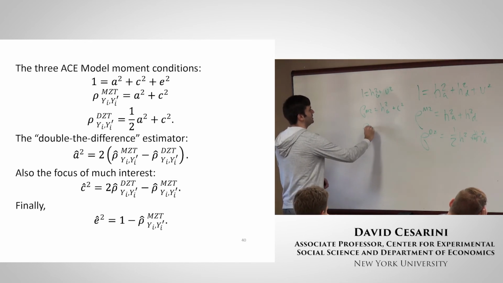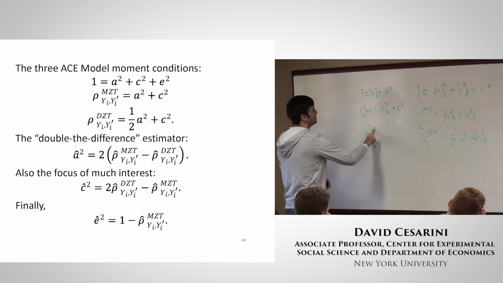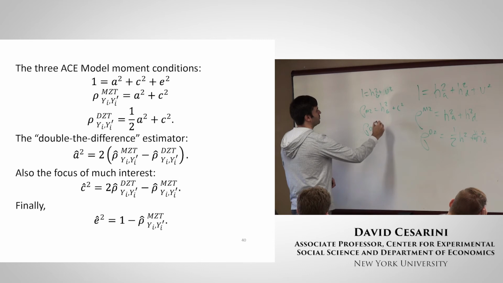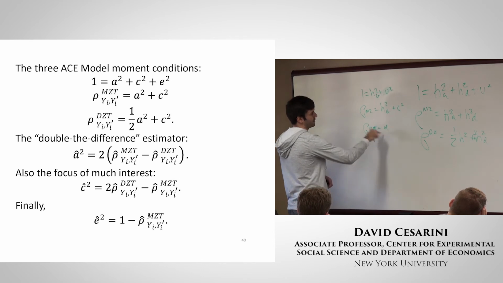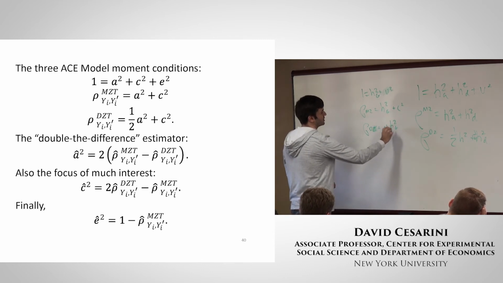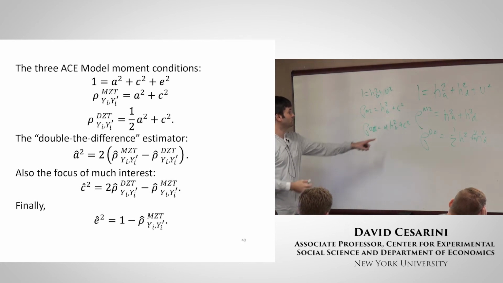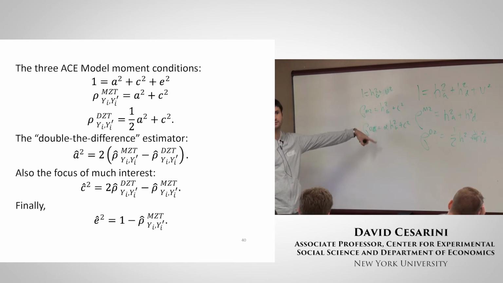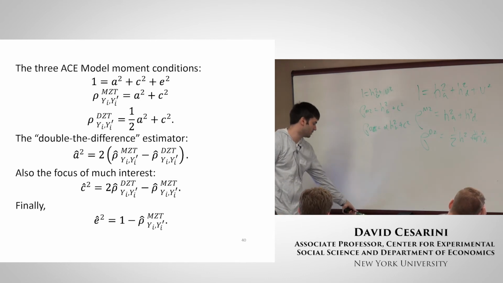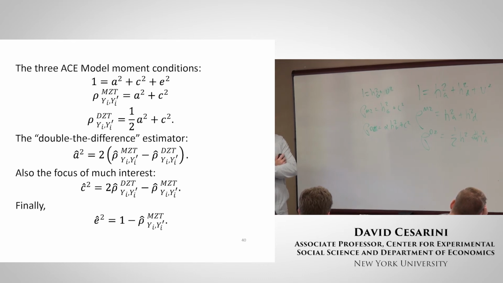And then rho DZ is going to be equal to some parameter alpha, that's the genetic covariance on this factor that we don't know, plus C squared. And then you say, let's fix this at a half and estimate the model. Or we could alternatively just vary alpha at different levels and estimate the model and give the results. And then we get an estimate of broad sense heritability. Maybe what you said is equivalent or very similar.